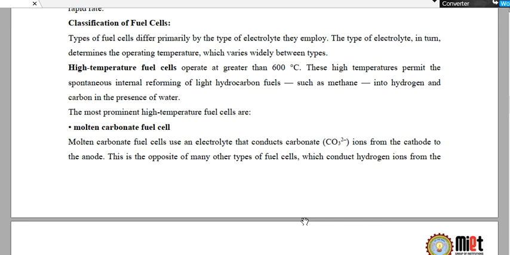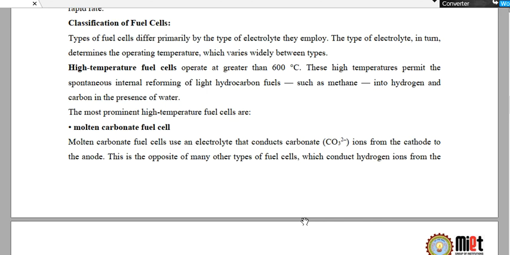Types of fuel cells differ primarily by the type of electrolyte they employ. The type of electrolyte in turn determines the operating temperature, which varies widely between types. So the main classification of our fuel cells is based on the electrolyte which is used, and electrolytes allow different temperature ranges that can be attained in such fuel cells.